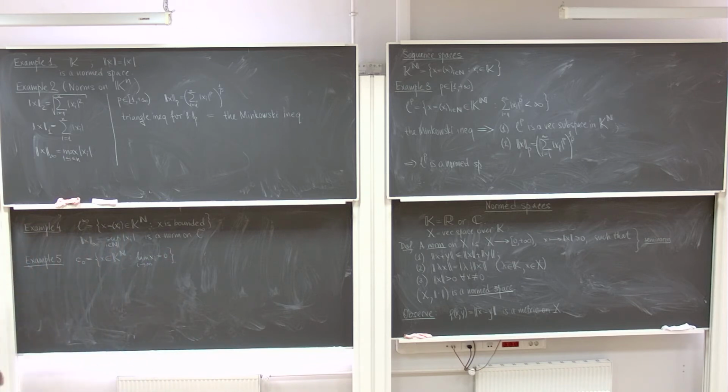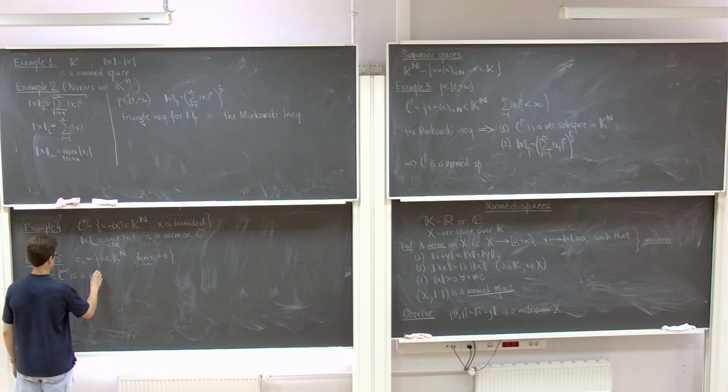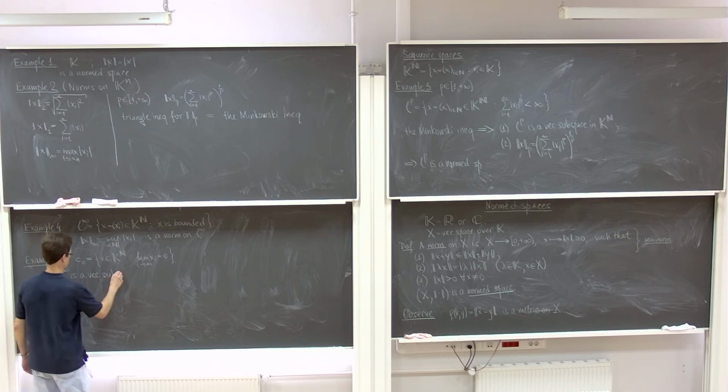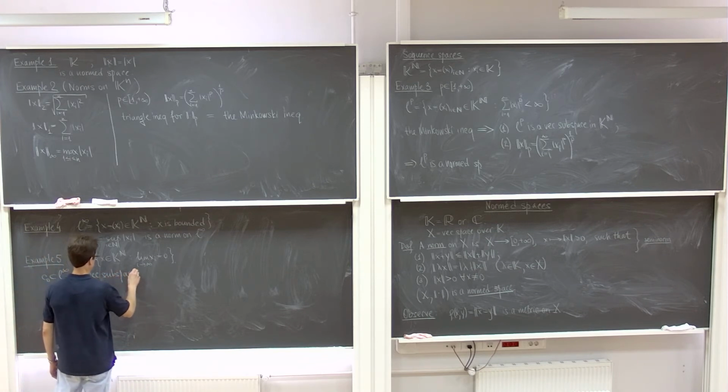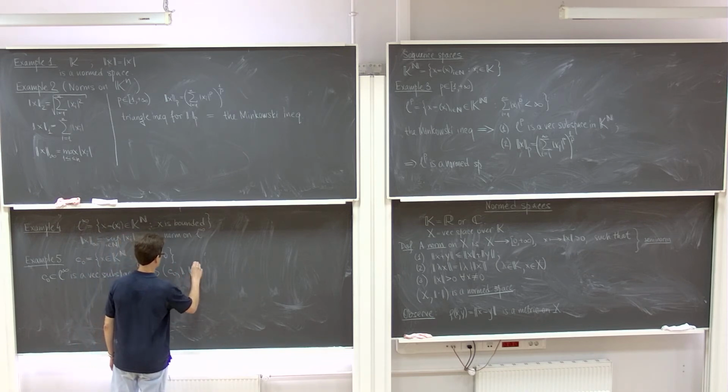Well, clearly this is a vector subspace of l infinity. If a sequence vanishes at infinity, then of course it is bounded. So c0 is a vector subspace of l infinity. And so it is a normed space under the supremum norm.